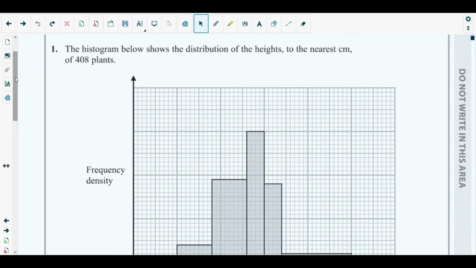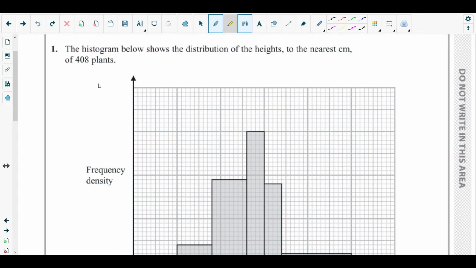You also need ideas from the probability chapter, chapter 4. In order to understand the solution, you should have finished these chapters. So let's get started with the first question of this paper.